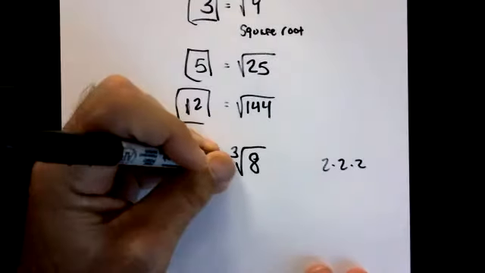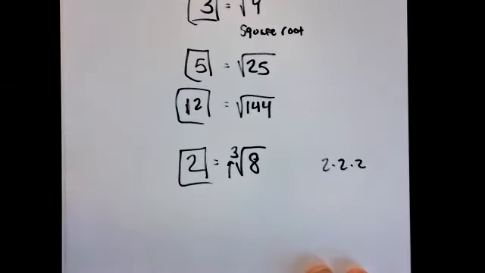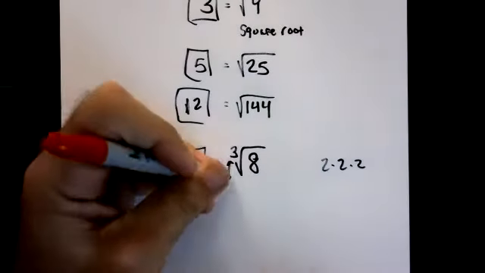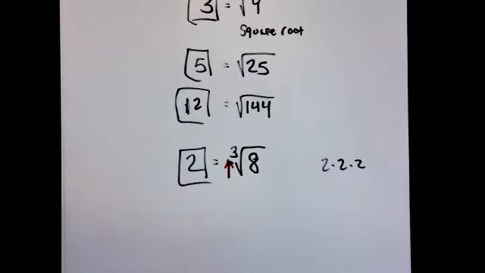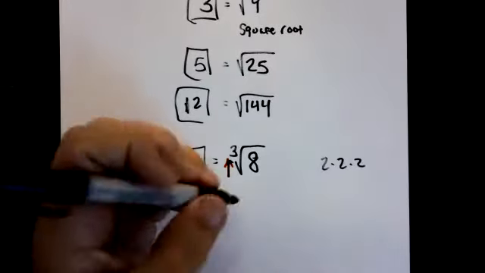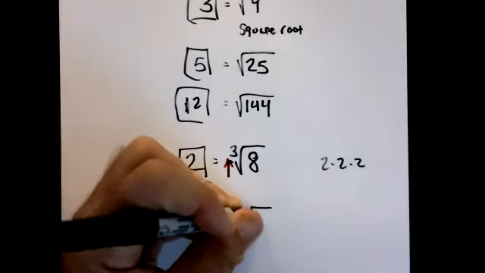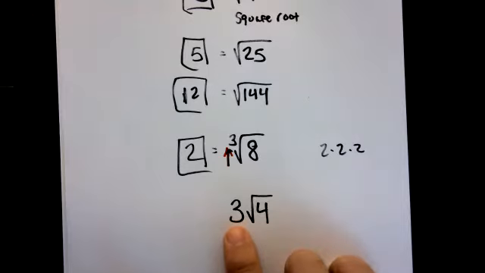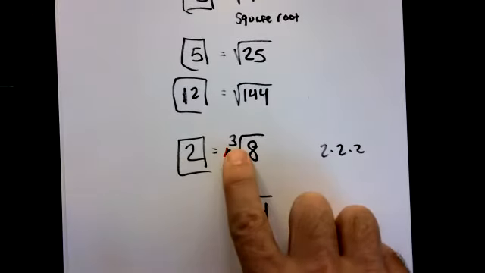Now, don't confuse an index number with a multiplier. If they put a cubed root, they'll do it like that. If they say something like this, where the number is basically the same size as the inside number, this means 3 times the square root of 4. This means the cubed root.